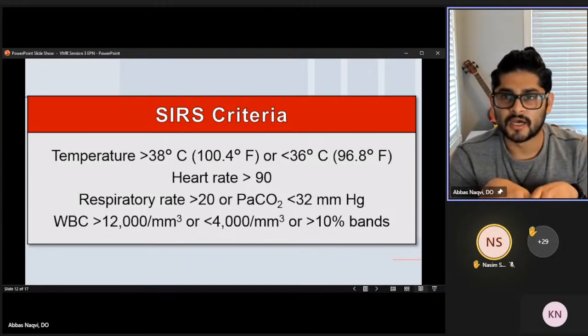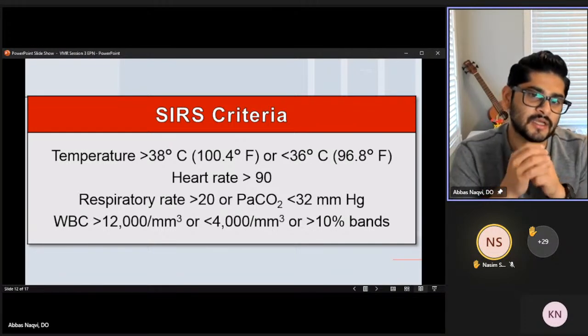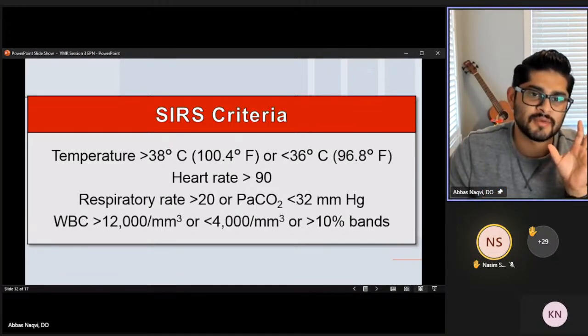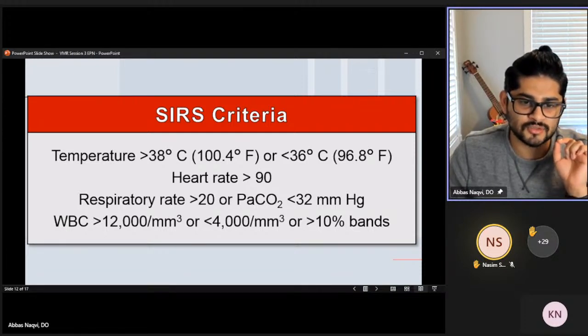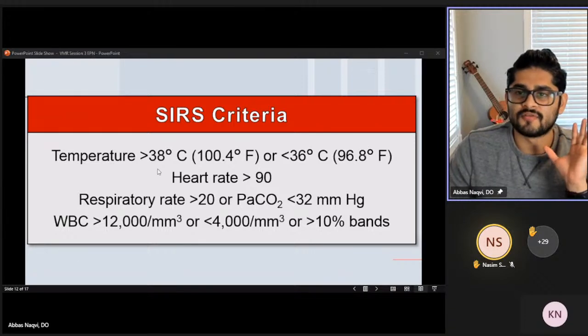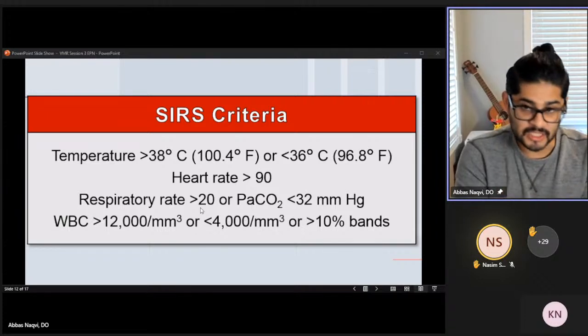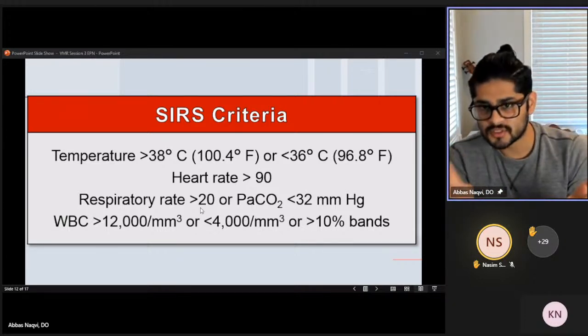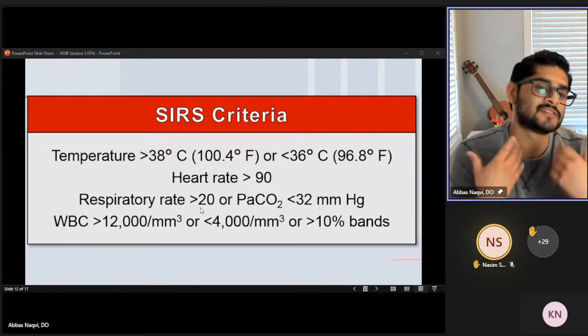And all SIRS means is it stands for systemic inflammatory response syndrome. That's all it means. So if this patient has evidence of overwhelming inflammation and she has a source for that inflammation that is an infection, that is then considered sepsis.